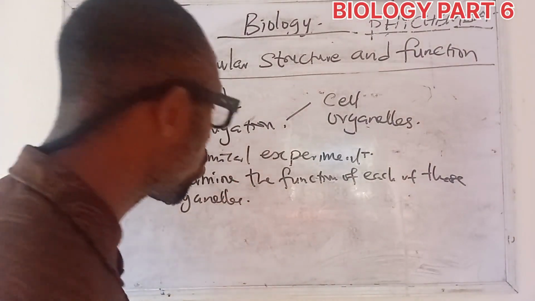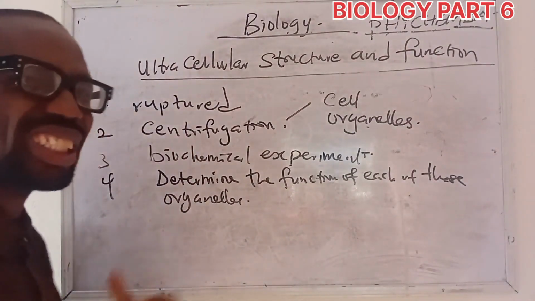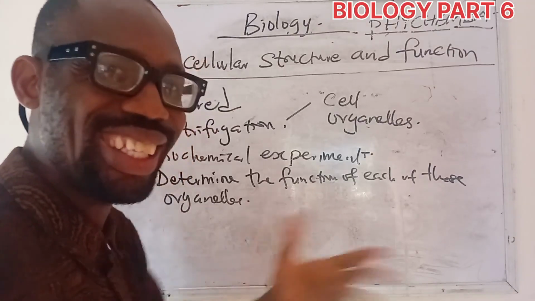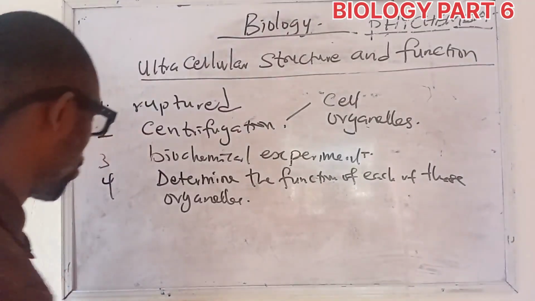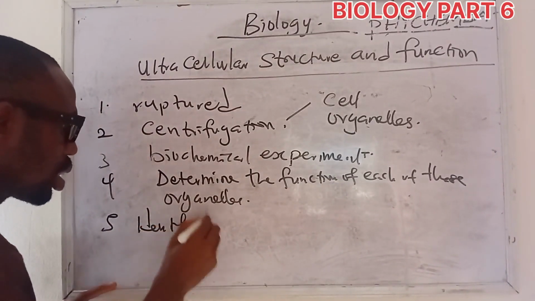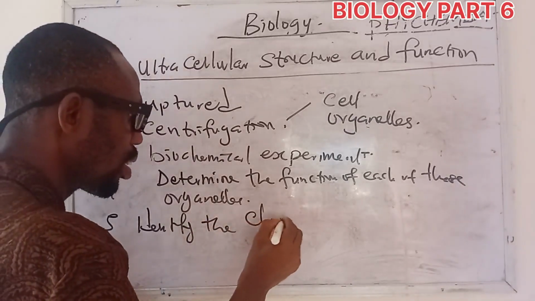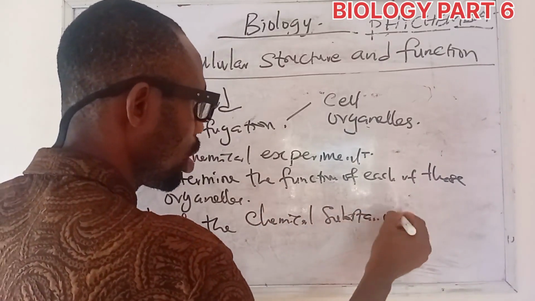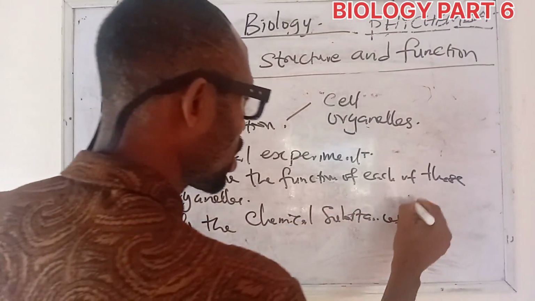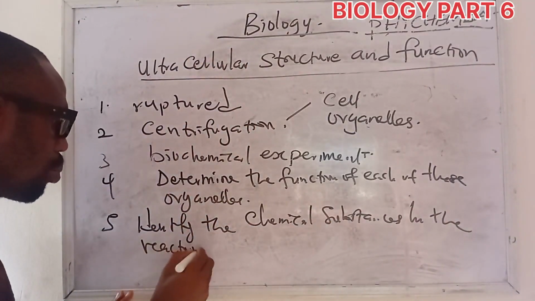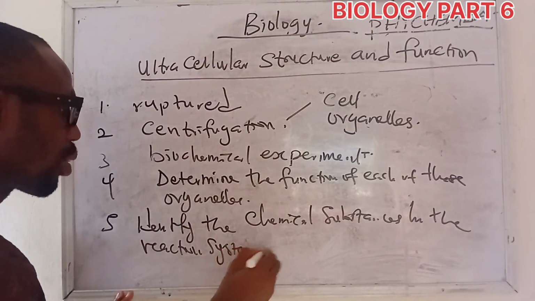Meanwhile, chromatography would then be used to identify the chemical substances in the reaction system, meaning what is taking place inside of the cell.